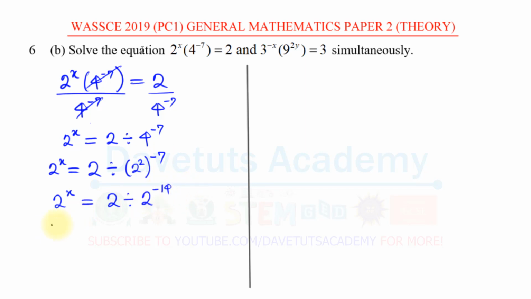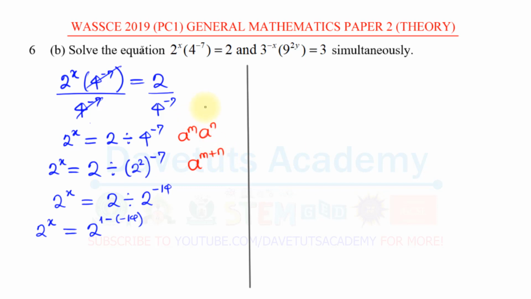Now, by laws of indices, let's say 2 raised to power x is equal to a single 2. The power of that 2 is 1. This division will become minus, then minus 14 as the other power, taking the laws of indices that was given that if we have a raised to power m multiplied by a raised to power n, that's the same as a raised to power m plus n.